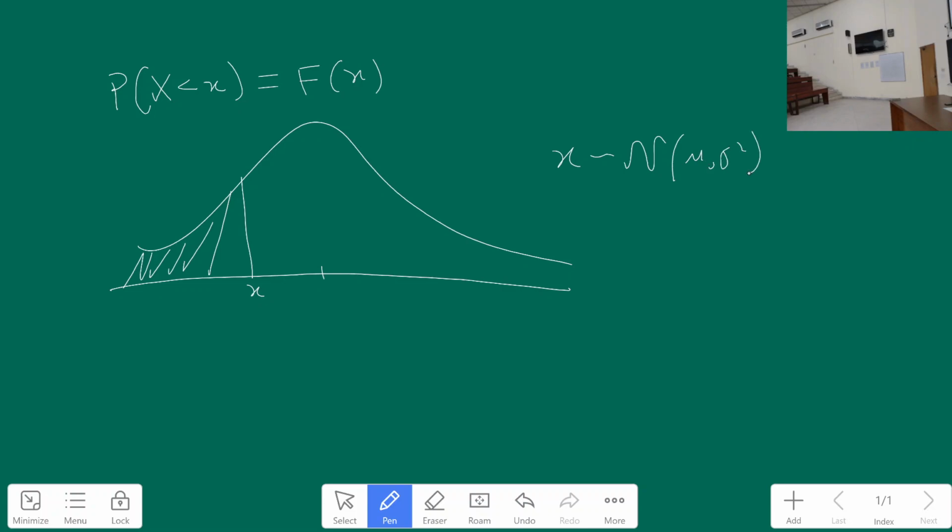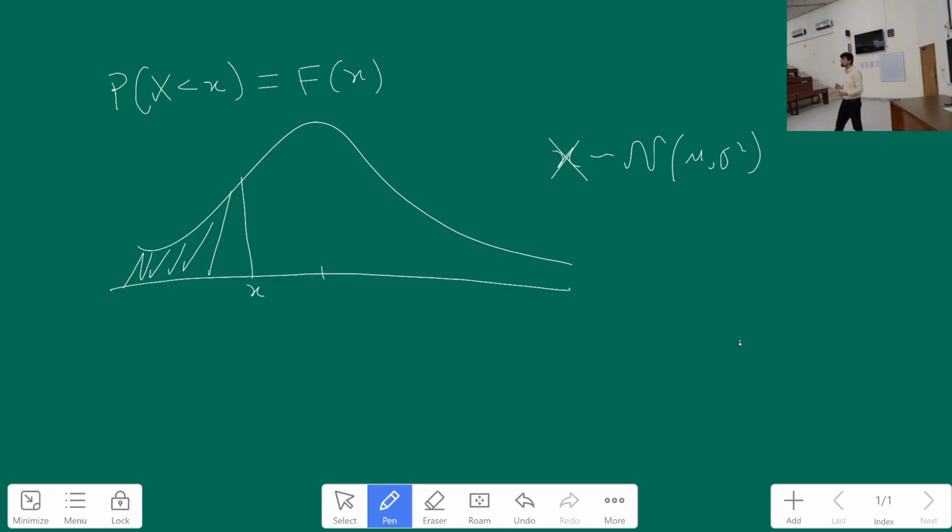We have a normally distributed random variable. Now, these days, if you know the mean and you know the variance, you can find this function for any value of small x: 1.5, minus 1.5, 10, whatever you want to find out. Yes, it's very much possible to do that.